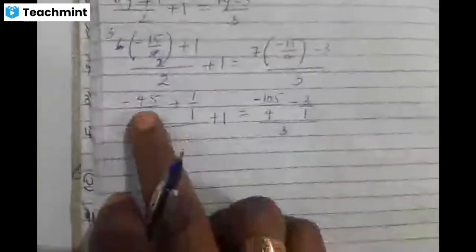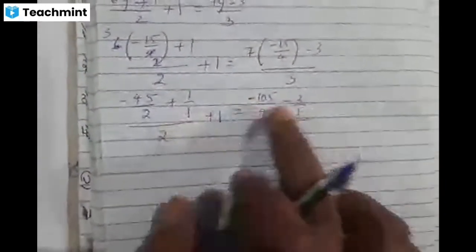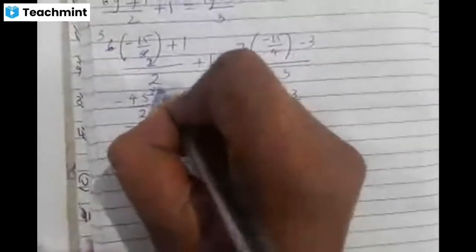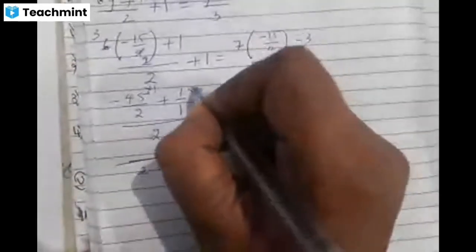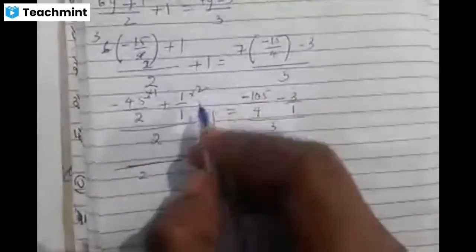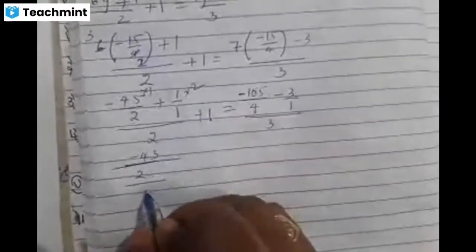Now you have two rational numbers here and two rational numbers here. Together we have to add them. What happens for 2 and 1, LCM is 2, and 2 ones are 2 and 1 twos are 2. So minus 45 plus 2. Minus 45 plus 2 is, children, minus 43. Here you have whole divided by 2.